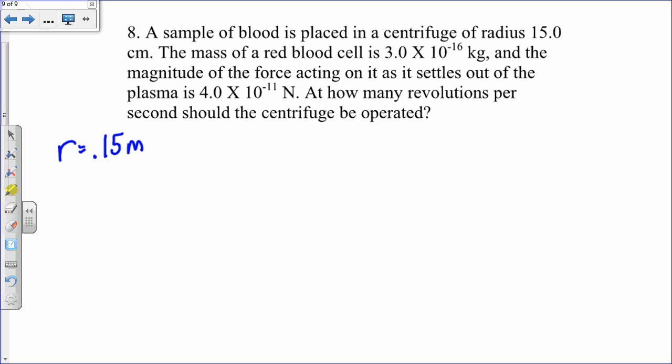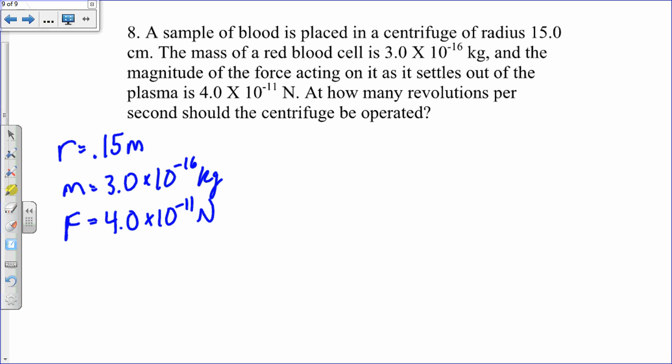The mass of a red blood cell is 3.0 times 10 to the minus 16 kilograms, and the magnitude of the force acting on it as it settles out of the plasma is 4 times 10 to the minus 11. This is my centripetal force.